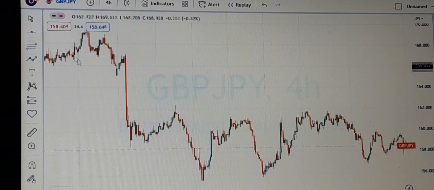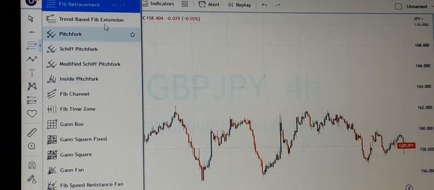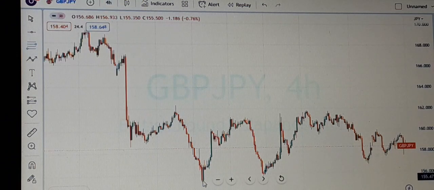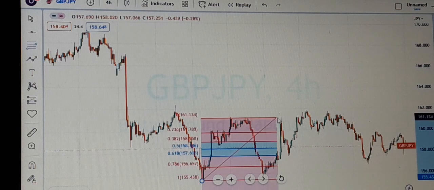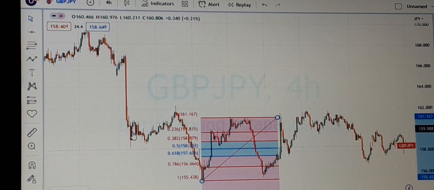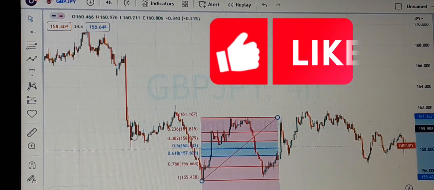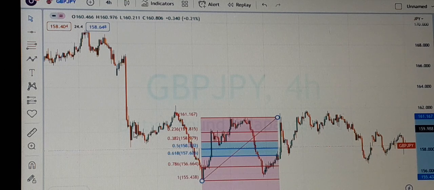Fast forward. You take your Fibonacci, plot it on the chart, and then the next thing you need to do is look for these specific points that I'm about to share with you.